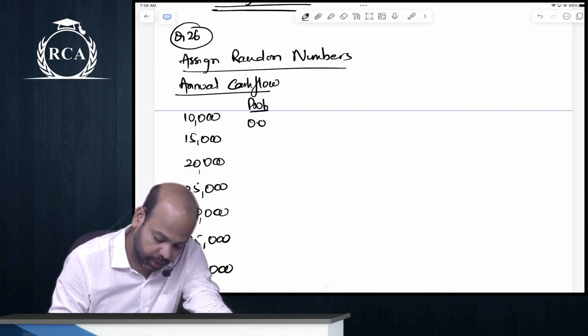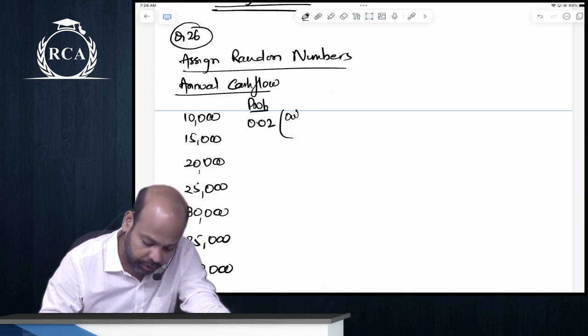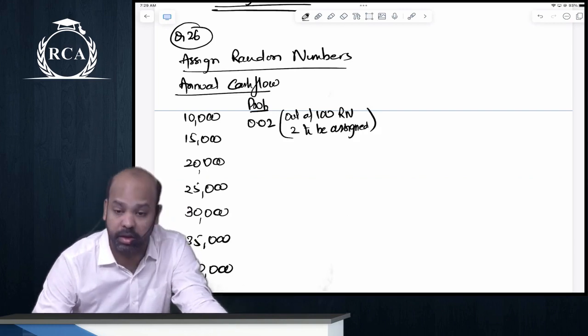Probability is 0.02. इसका मतलब क्या होगा बेटा? Out of 100 random numbers कितने assign करना है? 2 to be assigned. ये क्योंकि अपन पहले नहीं लिखे बेटा, अभी लिखना explanation properly, ठीक है?